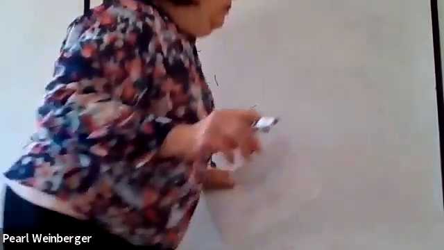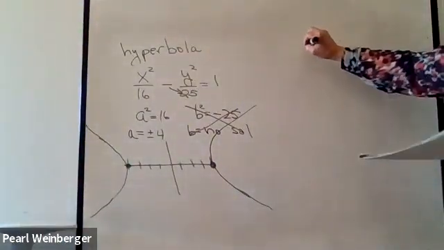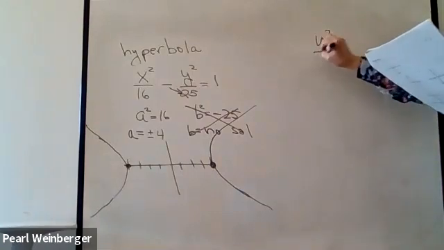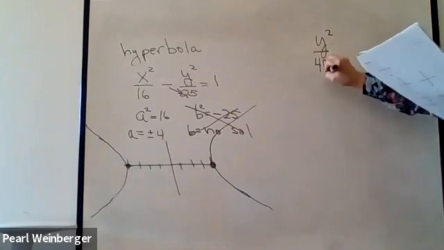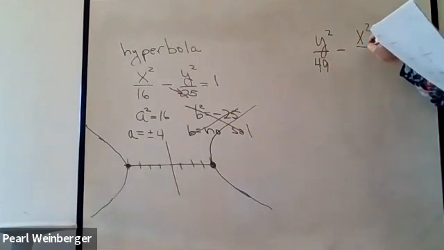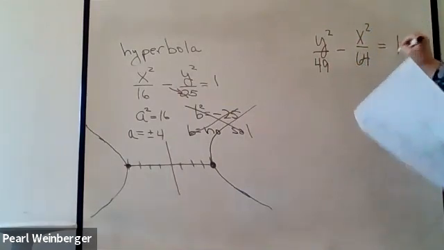Suppose I gave you this equation, y squared over 49 minus x squared over 64 equals 1.